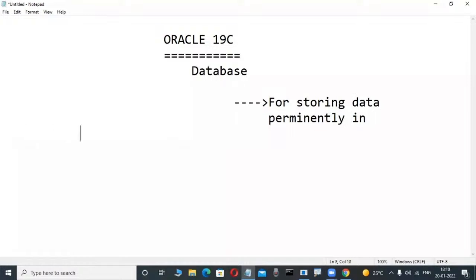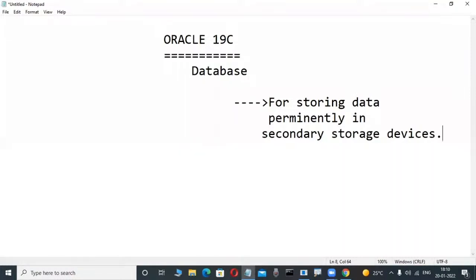Secondary storage devices means maybe a hard disk. Suppose today we store data, then after 5 years, 10 years, 20 years, 100 years, your data is still available.